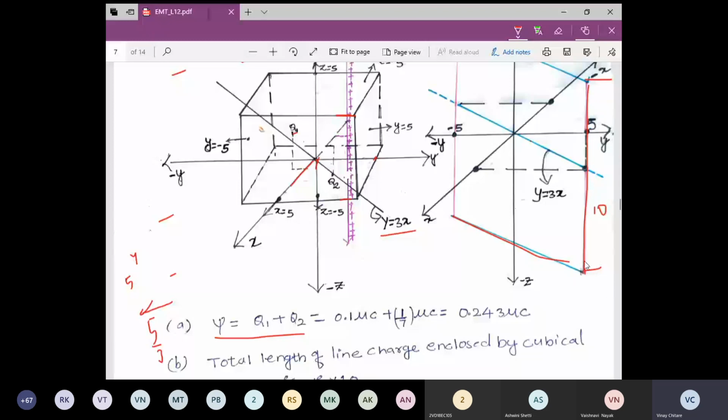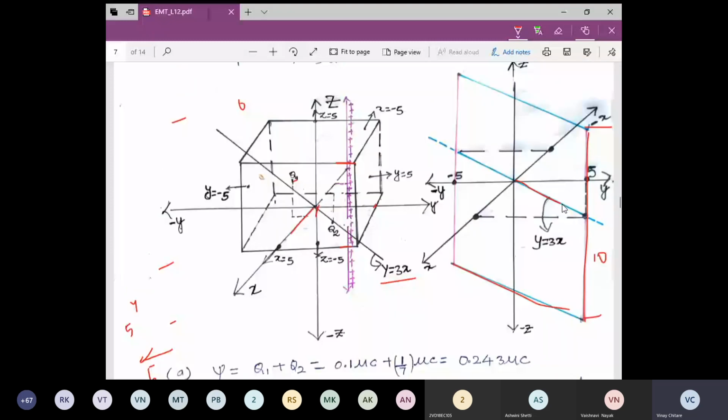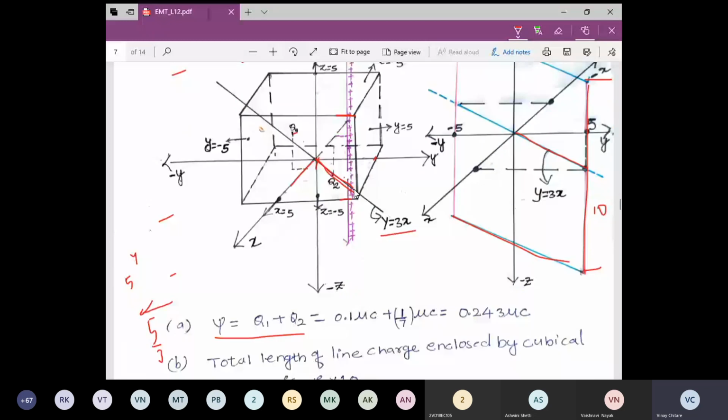Next I was interested to know this length, which is nothing but the length of the straight line. To find it, I took the help of the equation of the straight line, y equal to 3x.